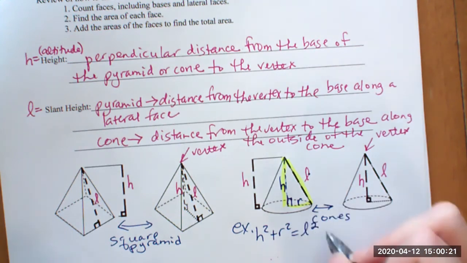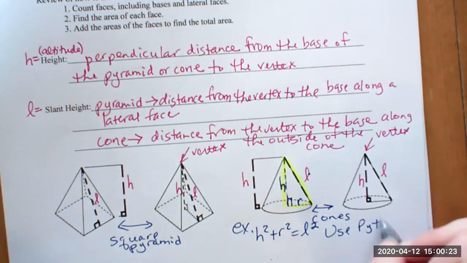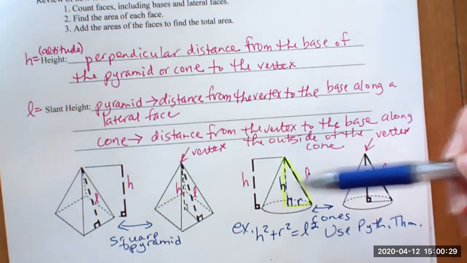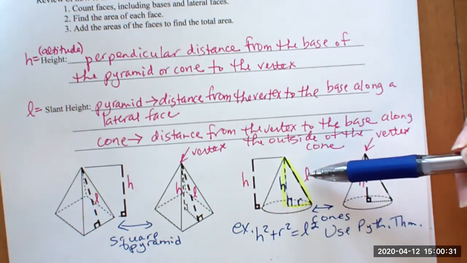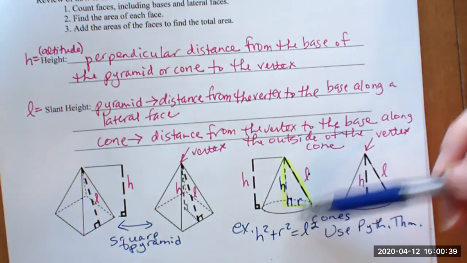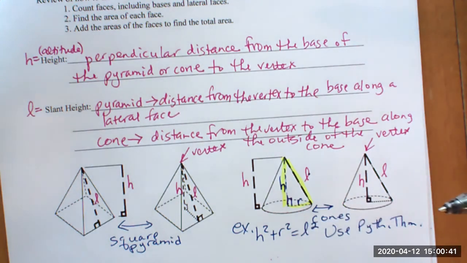And you could use the Pythagorean theorem to help you find a missing part. For example, if you were given the slant height and maybe you were given the height, but you didn't know the radius, you could still use the Pythagorean theorem to find that missing information. And again, this works for both cones and pyramids.